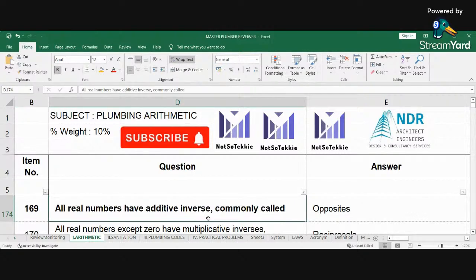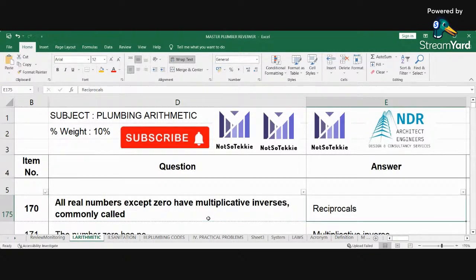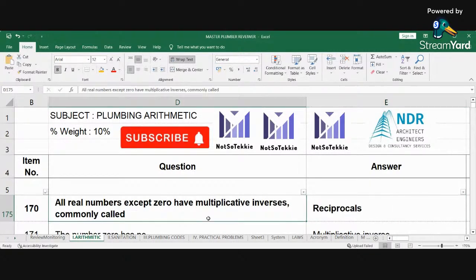All real numbers have additive inverses, commonly called opposites. 170. All real numbers except 0 have multiplicative inverses, commonly called reciprocals.